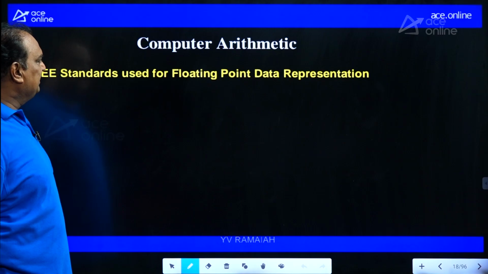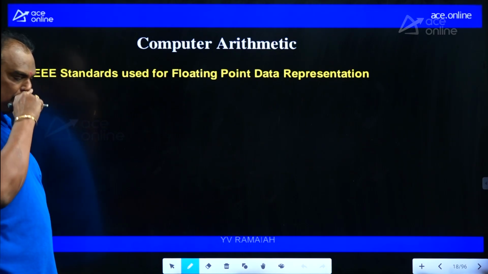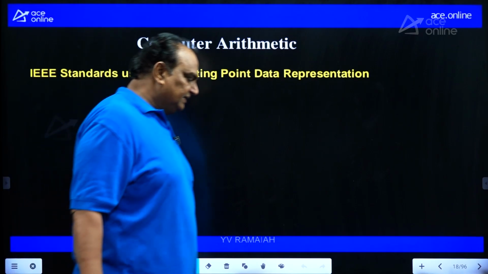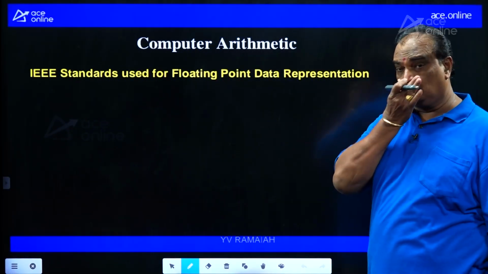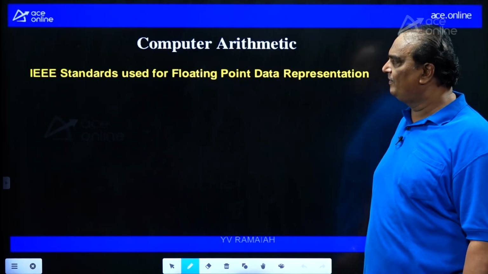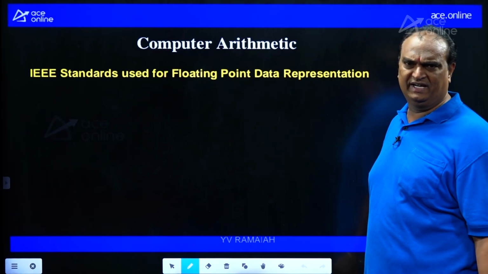Next, IEEE standards are used for floating point data representation. Here, there are two sizes to represent data. Which data is it? Floating point data.